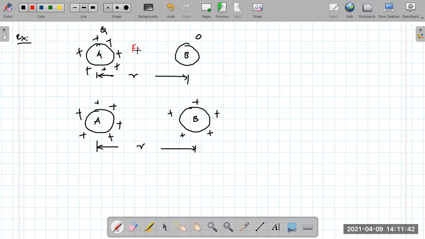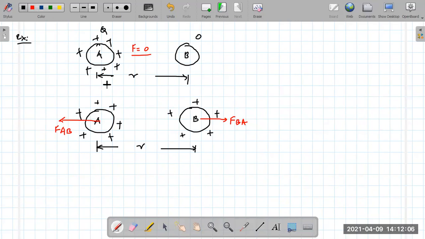Previously, in the given case, force was 0. But now, definitely they'll repel. This is force on A due to B, and this is force on B due to A. If the charge is divided into two parts, such that they experience maximum electrostatic repulsion when placed at a certain distance, find the division.